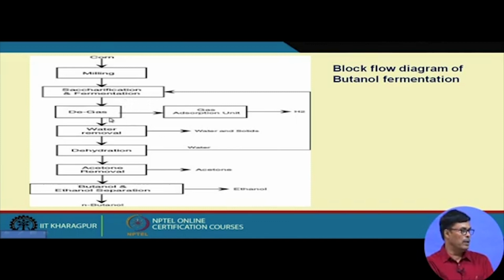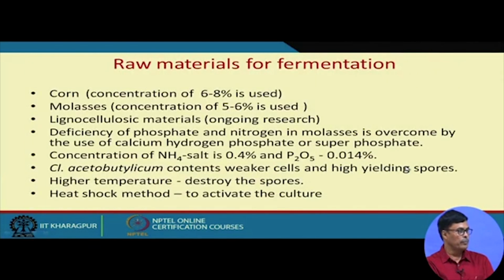Then we have degassing, water removal, dehydration, acetone removal, and butanol and ethanol removal. The glucose that is produced is converted to acetone, butanol and ethanol, which we slowly purify, and finally we get the normal butanol.